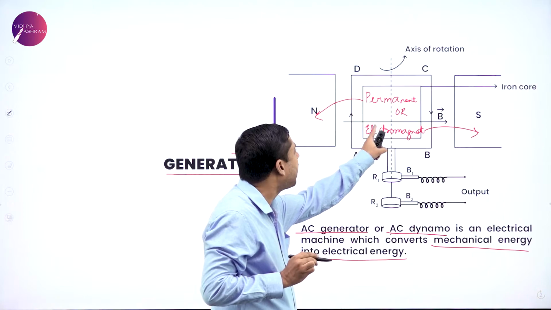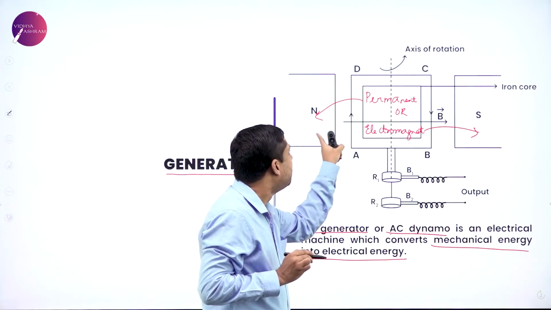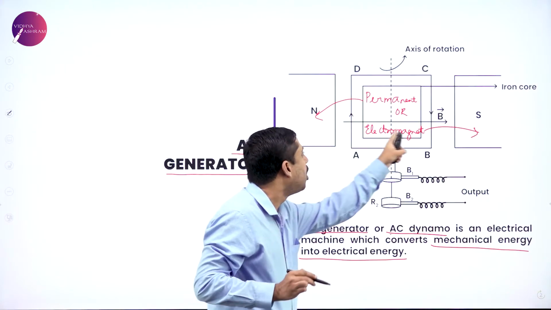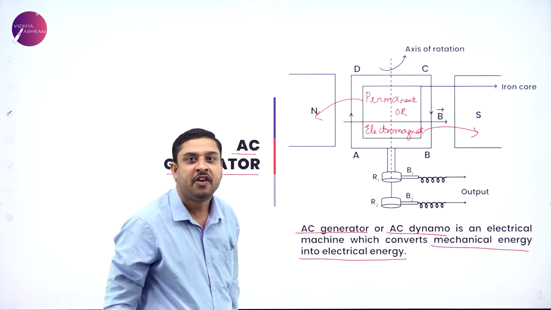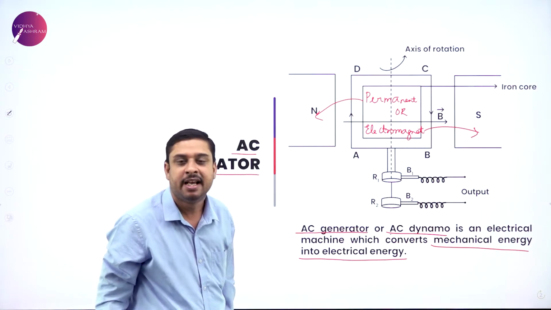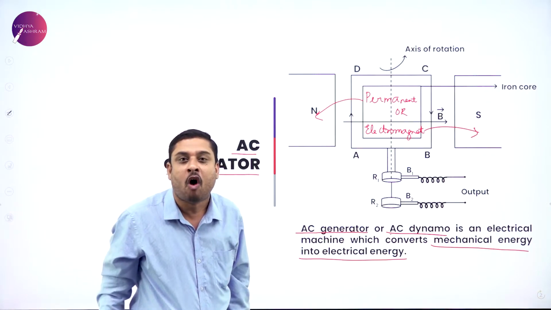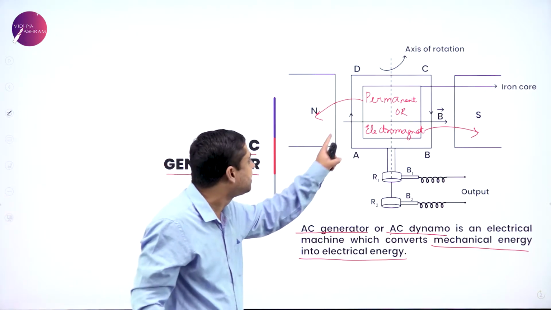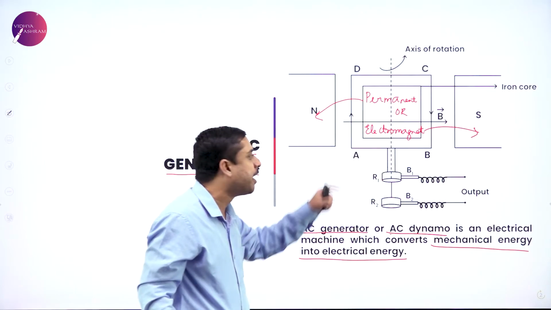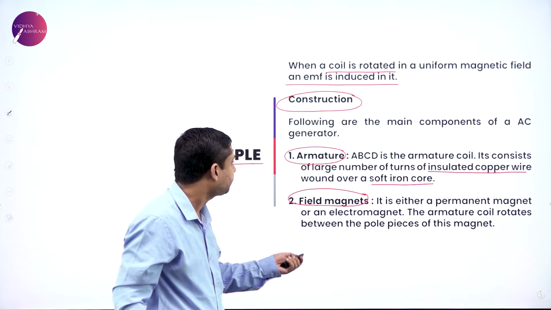The armature coil is placed between the pole pieces of the field magnet. In between the north and south pole of the field magnets, the armature coil is placed.